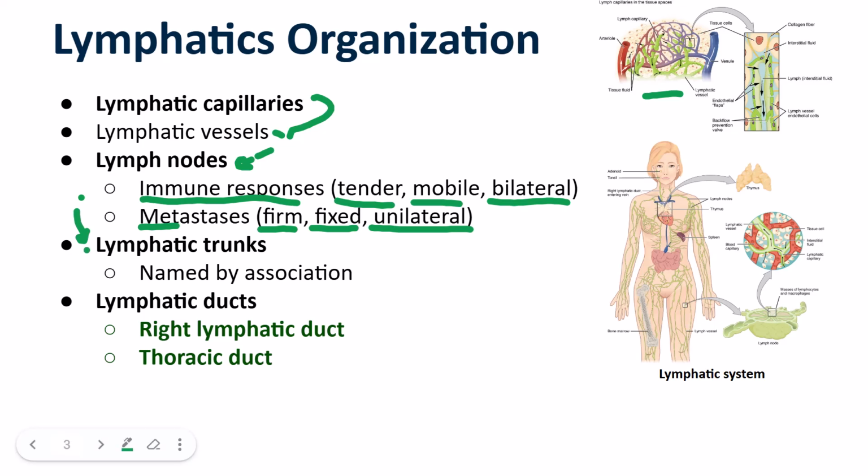Lymphatic trunks will coalesce into lymphatic ducts. And there are two. There's one on the right side that feeds into the right venous angle called the right lymphatic duct. And there's one on the left side that feeds into the left venous angle called the thoracic duct.